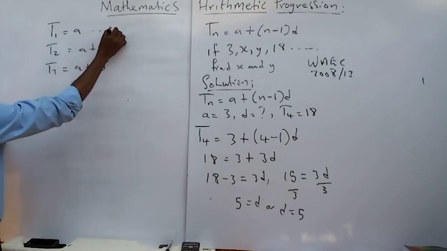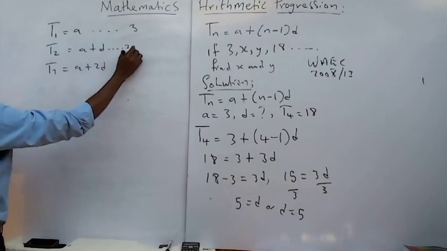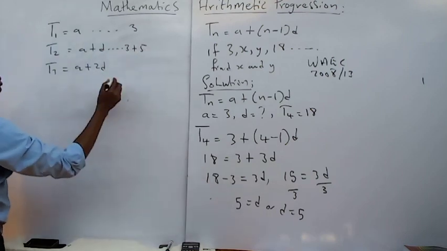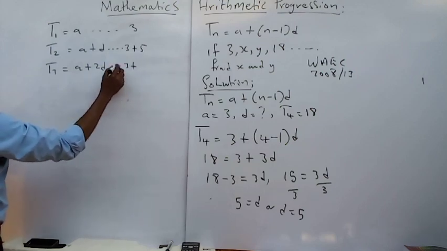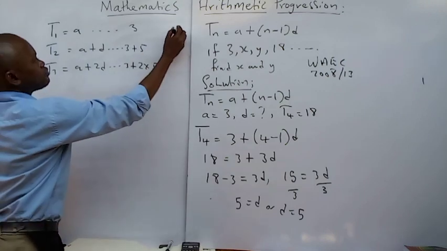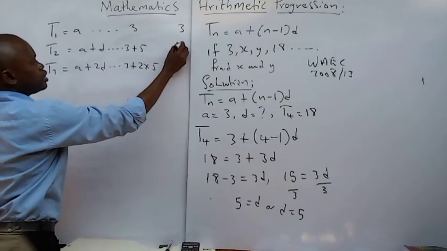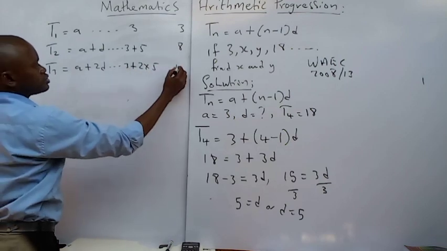So since a is 3, this will be 3 plus 5, that's the common difference, and this will be 3 plus 2 times 5. So here we have 3, 8, and 10 plus 3, that's 13.